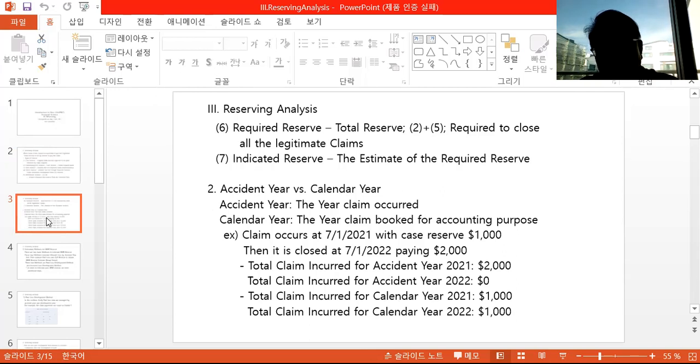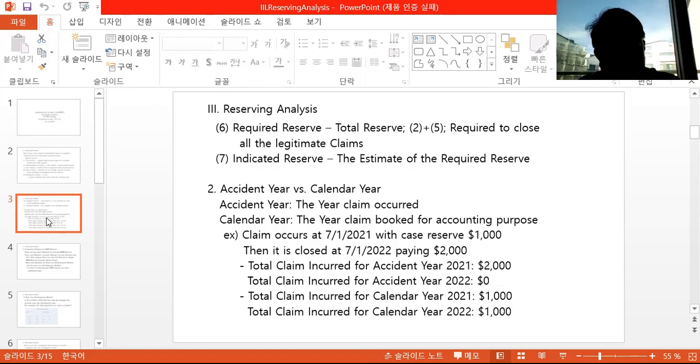That's a kind of total reserve: the outstanding reserve plus the broad sense IBNR reserve. And then the indicative reserve is the estimate of the required reserve. So in reserving analysis, we have to estimate the required reserve, and this is called the indicative reserve.